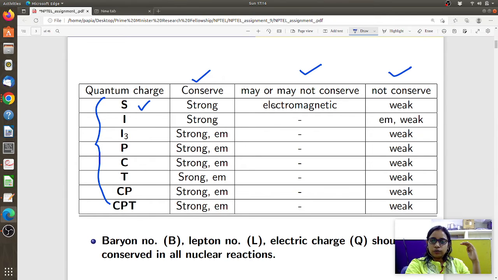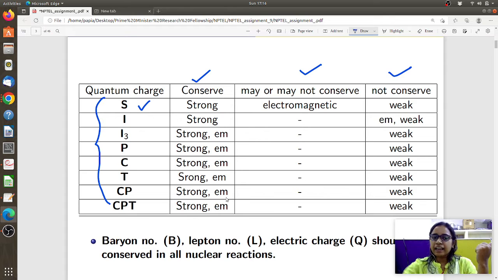But when we talk about electromagnetic or weak interaction, in electromagnetic, strangeness may or may not be conserved, and I, isospin, should not be conserved here, but all the things like I3, P, C, T, CP, CPT should be conserved in electromagnetic interaction. Now coming to the weak interaction, not all the things are conserved in the weak interaction.